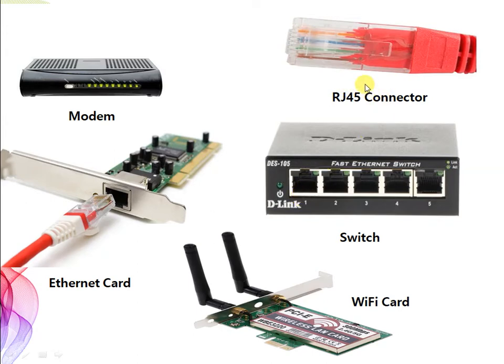So this RJ45 connector is attached to the twisted pair cable, and this twisted pair cable goes to this socket, Ethernet card in your laptop or desktop, and the other end of this wire goes to this switch, and all those devices that are connected to this switch can communicate with one another. And this is Wi-Fi card. This is internal Wi-Fi card. It can be installed in your computer. The slots are available there, and then you can use Wi-Fi technology to connect to the local area network. Okay.